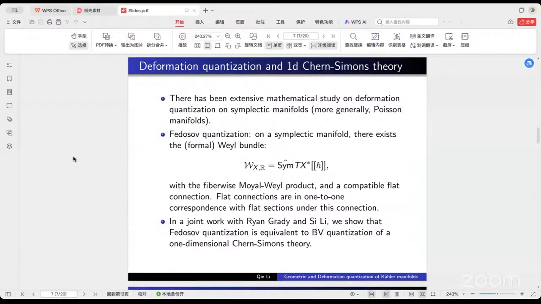You mean spatial dimension one and time one, so one plus one dimensional? No, it's not the dimension. It's just that if you write down the Lagrangian of this classical field theory, it looks very similar to the three-dimensional Chern-Simons theory.